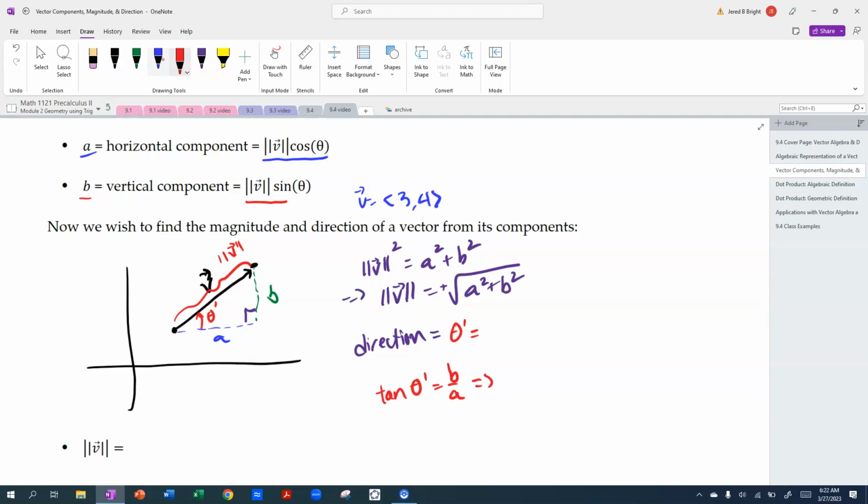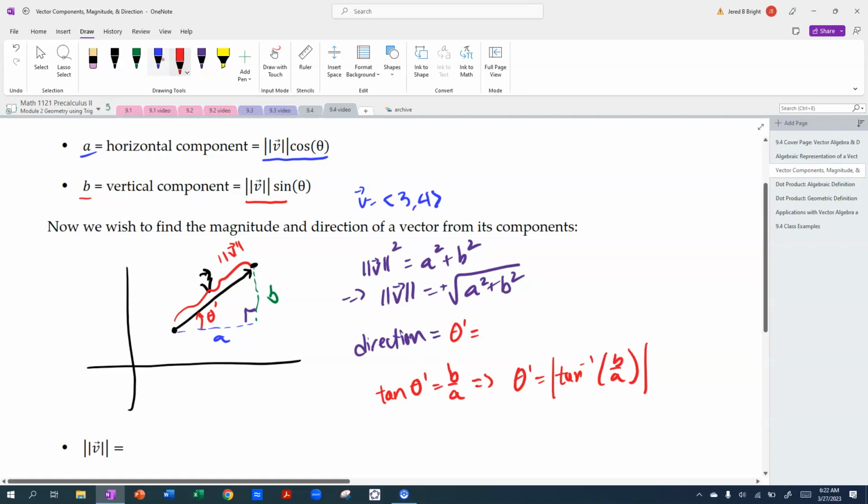So then to solve for theta prime, it is tangent inverse, or arctangent, of B over A. Because tangent can give you positive or negative values, I'm going to put this in absolute values. Technically, since theta prime is acute, you would get a positive angle and then you don't have to worry about absolute values.